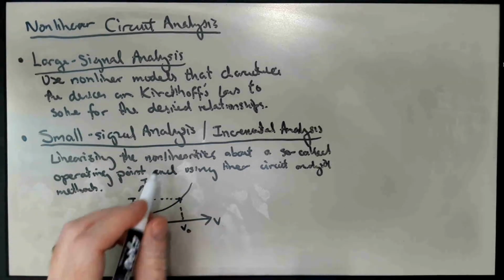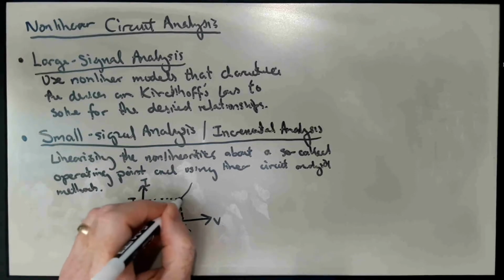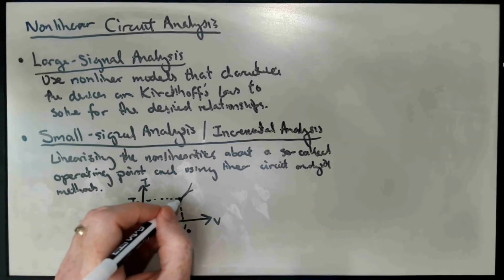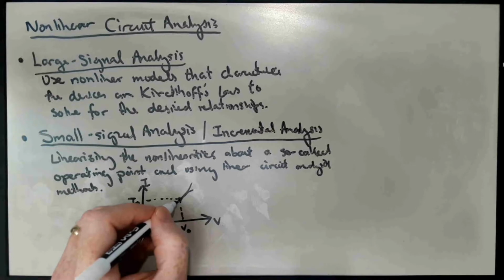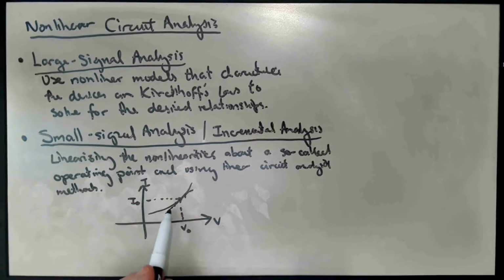And as the voltages and the currents wiggle around, they're not changing by very much. And so the idea here is that you can approximate this nonlinear current voltage relationship with the slope of the tangent line. And you can basically say that, well, if I'm not going too far, that curved line can be well approximated by a straight line, and I have sort of an incremental Ohm's law.